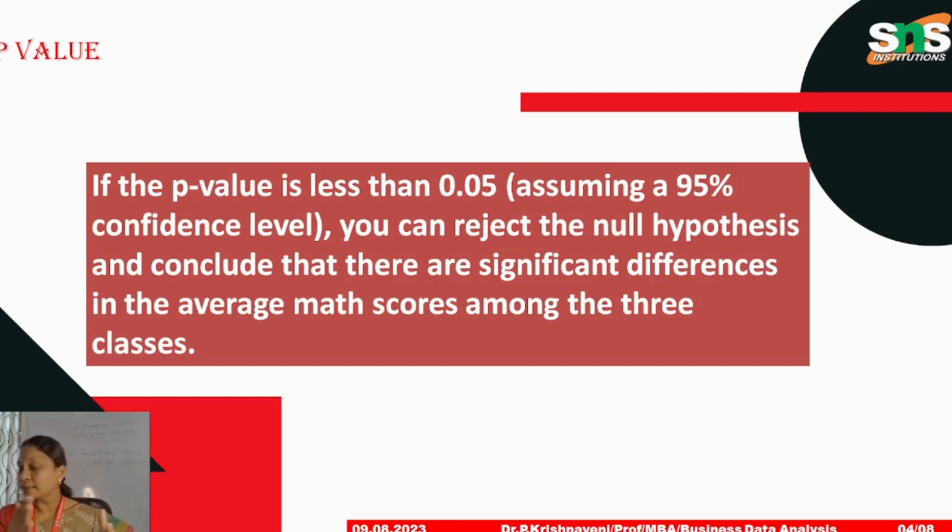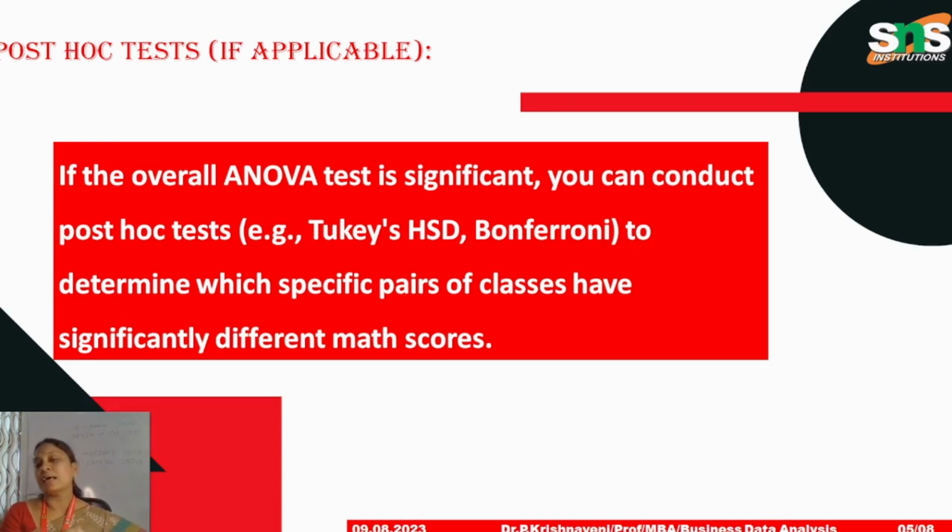The other important theory is that if our p value is less than 0.05, it means the significance value is less than 0.05, and obviously we reject our null hypothesis and go with the alternate hypothesis. If our p value is greater than 0.05, we accept our null hypothesis. If we are rejecting our null hypothesis, it means there is a significant difference.